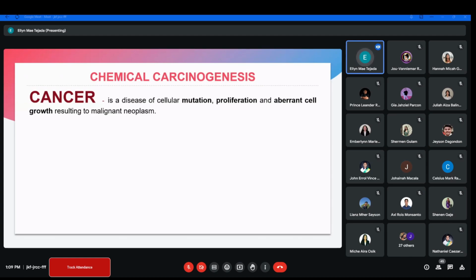I think that percentage in the ranking hasn't changed up until this very year of ours. So since then, it's one of the leading diseases in the whole world.